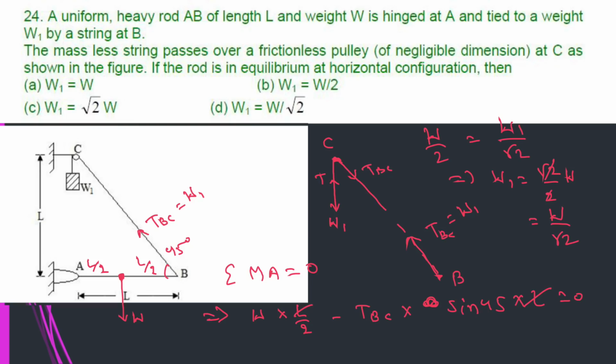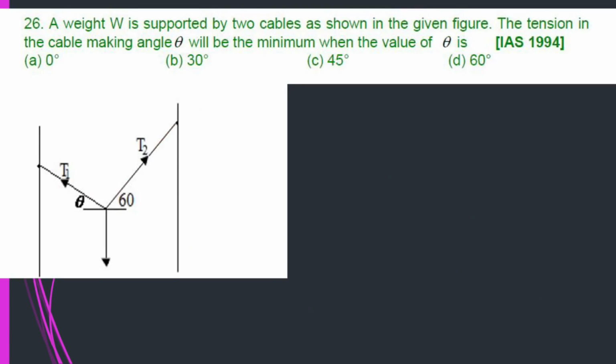Question is, a weight W is supported by two cables as shown in the given figure. The tension in the cable making an angle theta will be minimum when the value of theta is how much? So T1 value is minimum when, this is W, weight is W, this is 90 degree, this is also 90 degree.